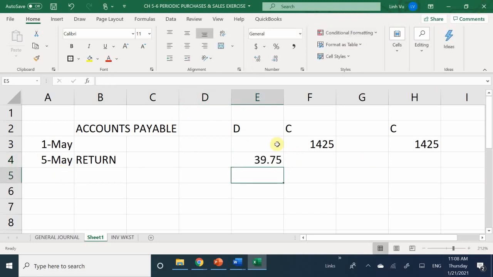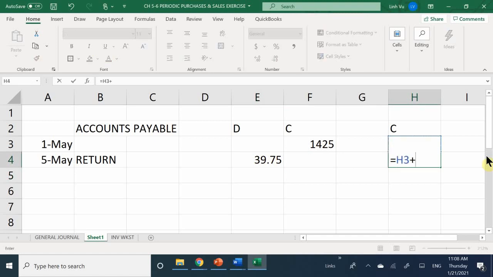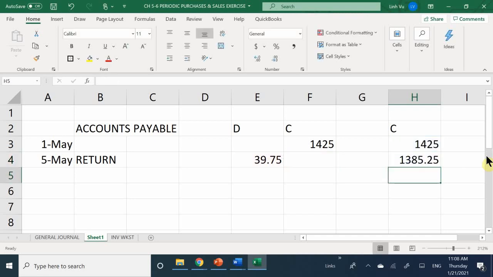Now, because I debited my account, and if we understand the whole accounting model, this is a liability, and we're debiting this account, we're actually reducing the amount that we owe. So by subtracting out the $39.75, now for the first bill that we have, it's now a grand total of $1,385.25. So that was the first bill that we encountered.